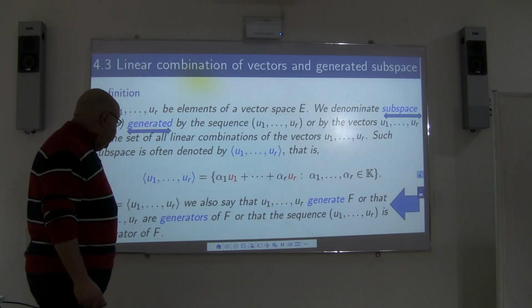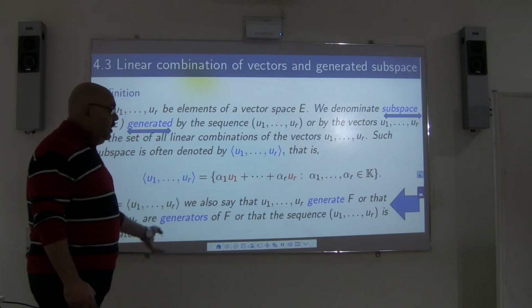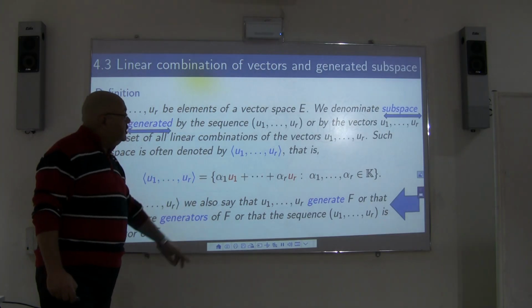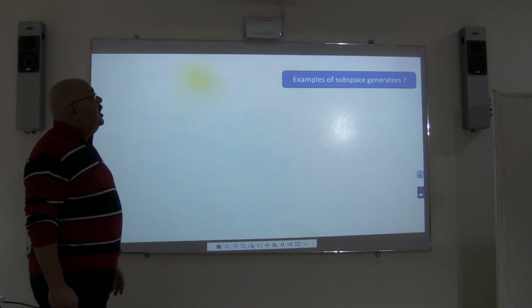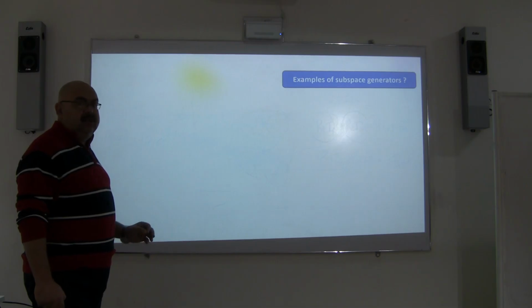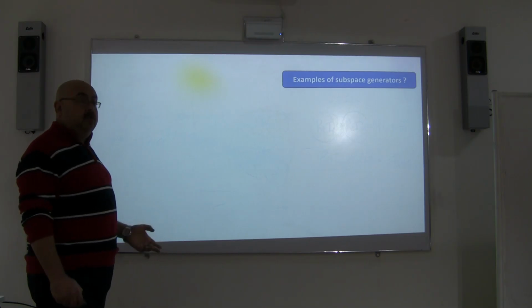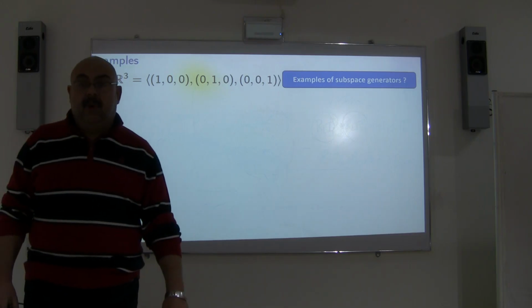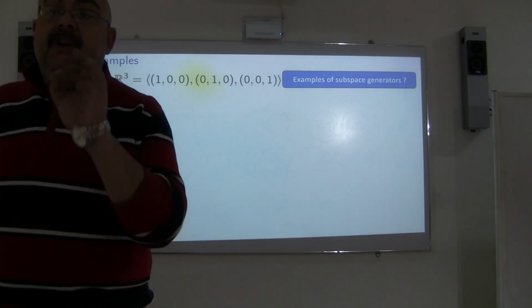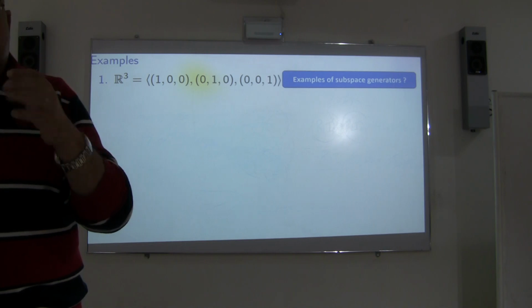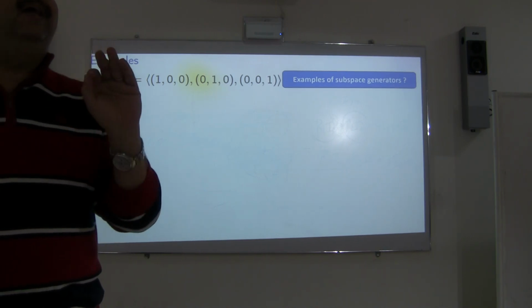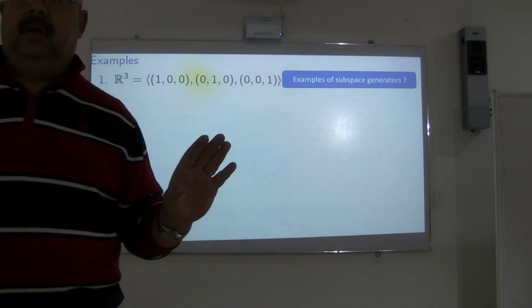We call them generators of F by the sequence U1 up to UR, and also the sequence of the coefficients alpha 1 up to alpha R. Examples of subspace generators. The major one in R3 is 1 0 0, 0 1 0, 0 0 1. By using those three vectors, I can literally generate any other vector in R3.